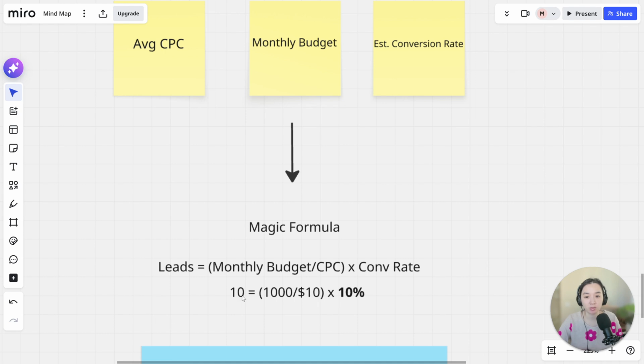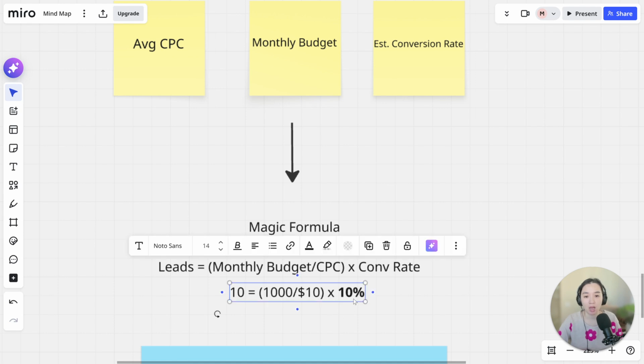And then from there, 10 leads. What's the average closing rate? Well, closing rate is taking it a little bit outside of the scope of this topic, but if you really want to take it further, then how many sales could I expect? Then we need your closing rate.